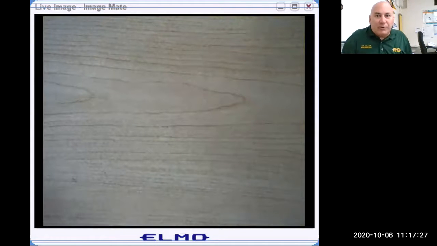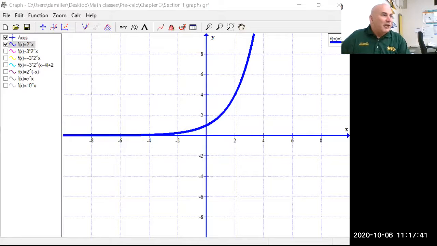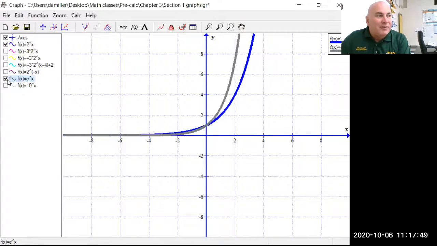Now, just to show you a little bit about those other bases I mentioned. Here we go. Sharing my screen with you this time. Here we are at y equals 2 to the x. We're going to do e to the x next. Now, e is bigger than 2, so it should be steeper.